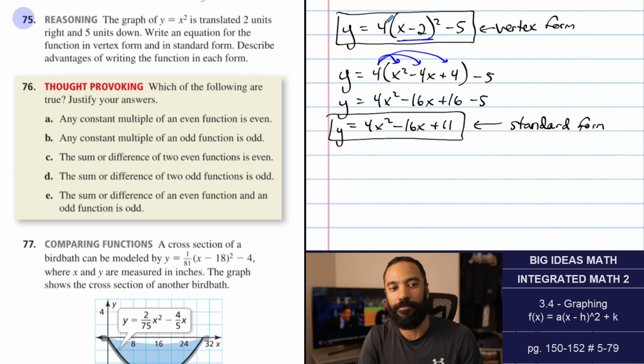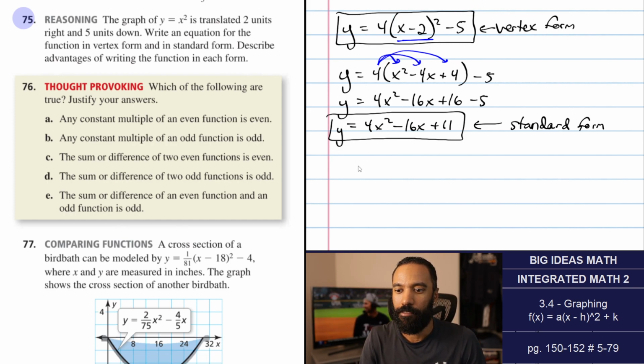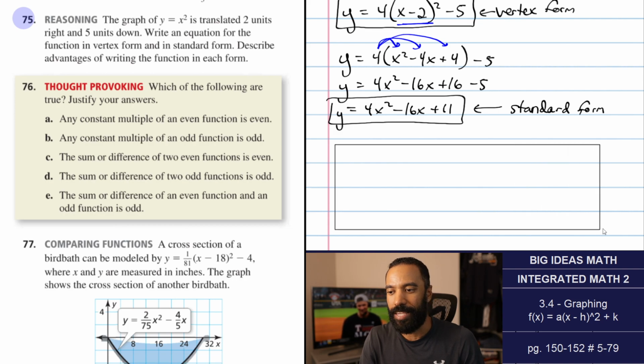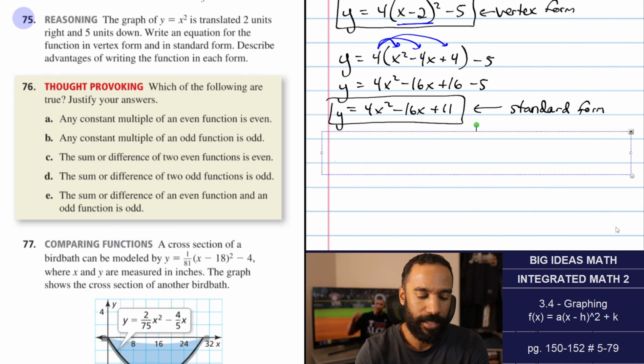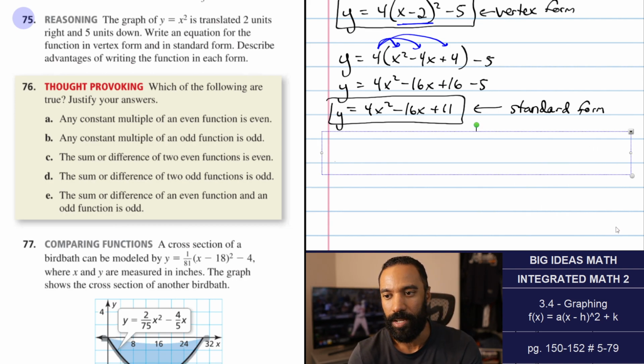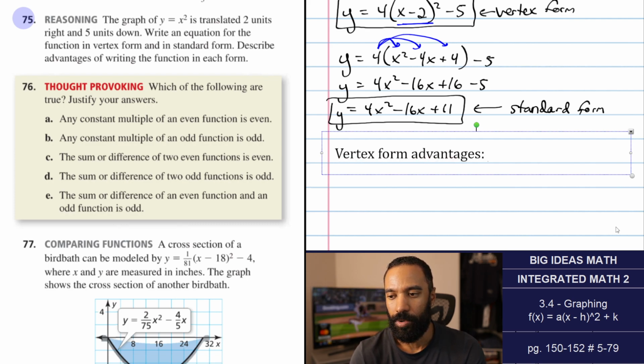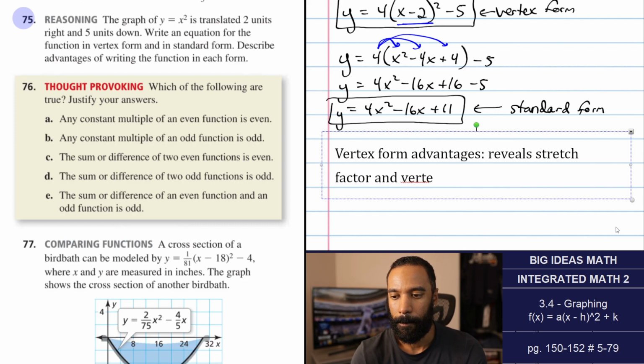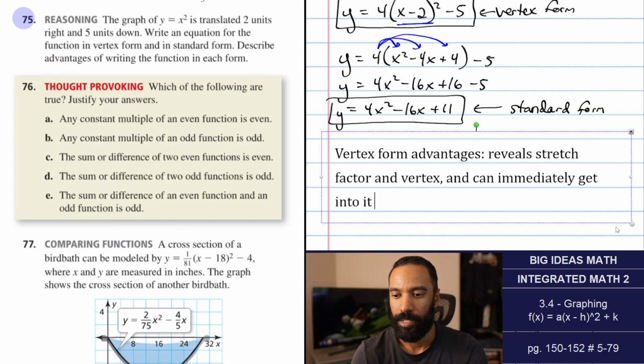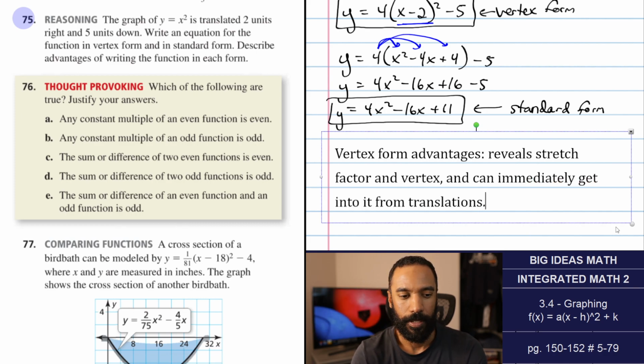They said describe advantages of writing the function in each form. Vertex form, not of getting it into that, but of writing. Well, I guess that's what they mean. So vertex form advantages: it reveals stretch factor and vertex and you can immediately get into it from translations.